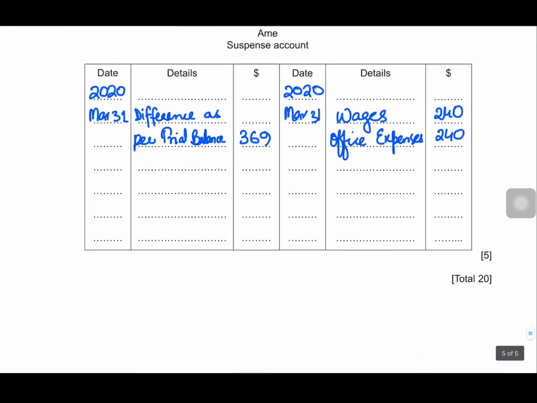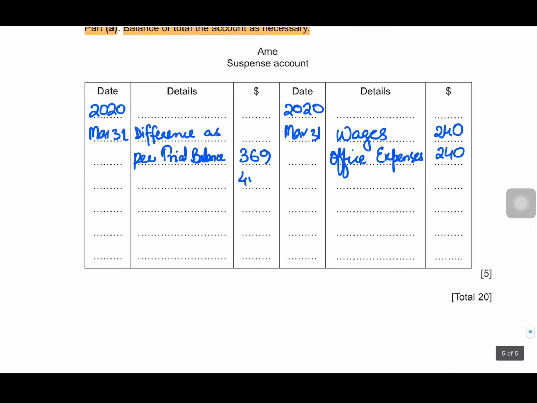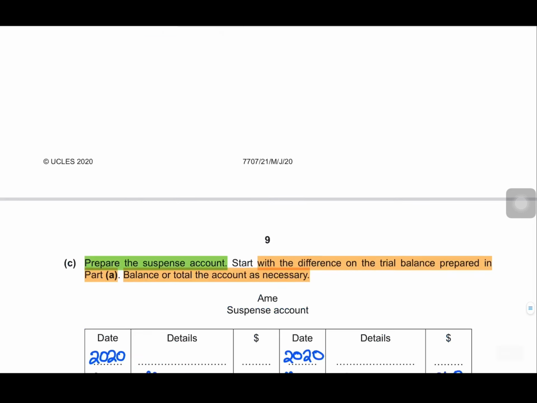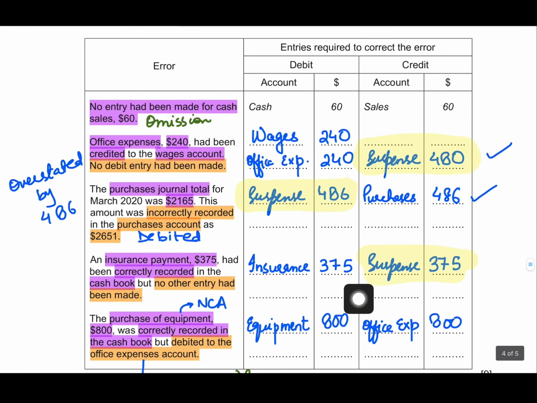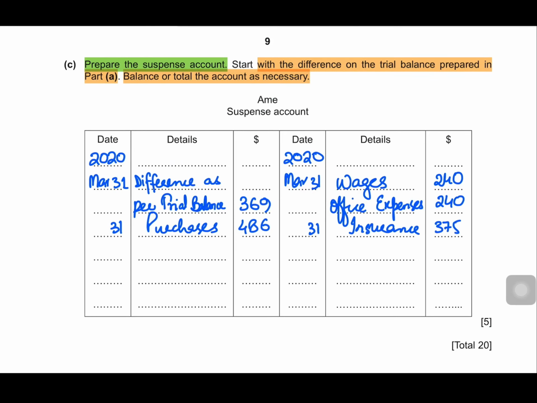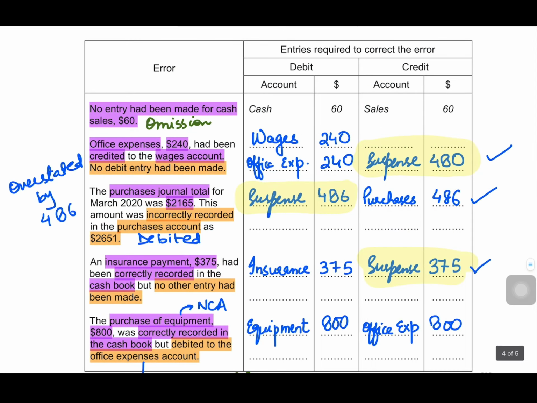So, we are debiting the suspense account by 486 because of purchases, same date, March 31st. And lastly, error number 4, the suspense account is being credited by 375 because of insurance. So, we are done with all the entries that pass through our suspense account.